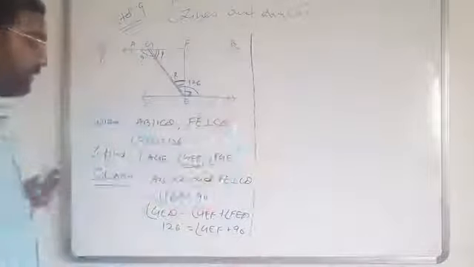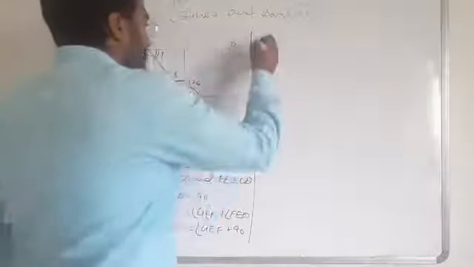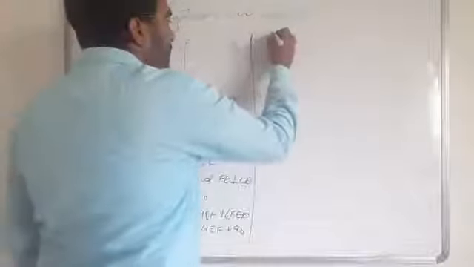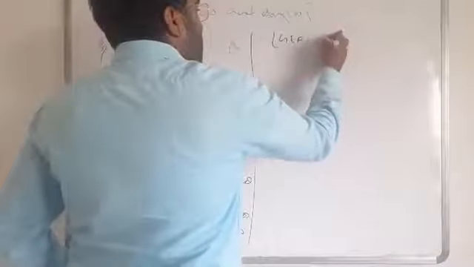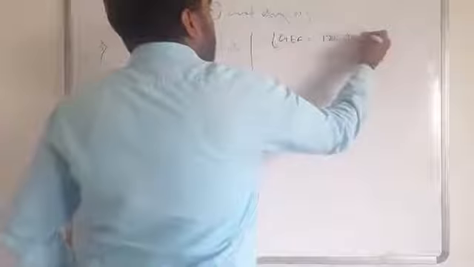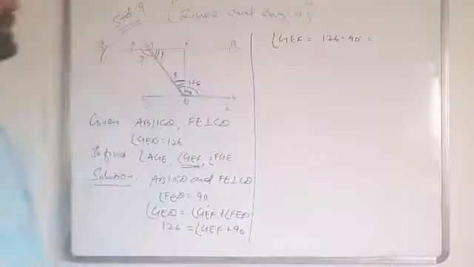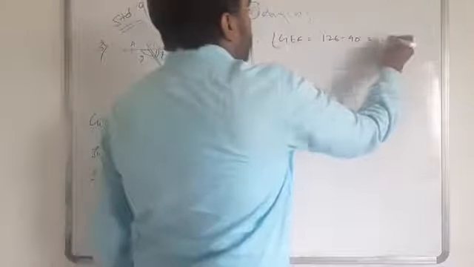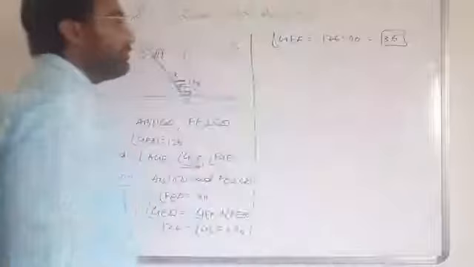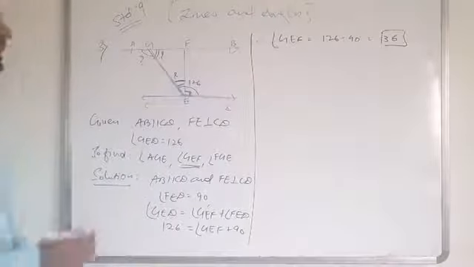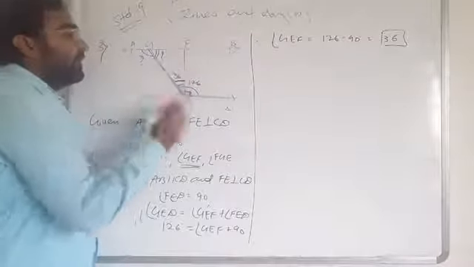Now we have to calculate that. 90 shifted to the other side is subtracted from 126, therefore angle GEF is equal to 126 degrees minus 90 degrees, that is 36 degrees. Here my this angle is equal to 36 degrees.